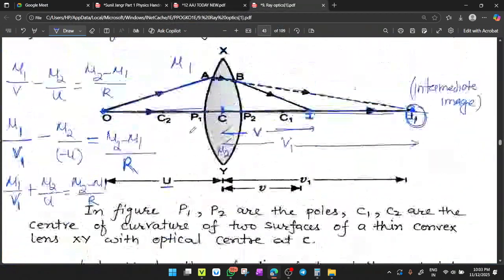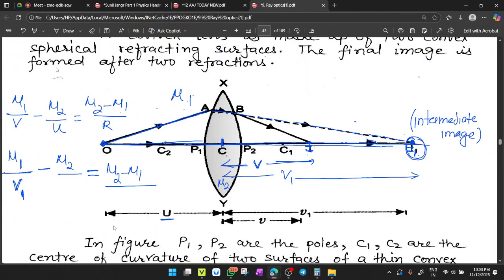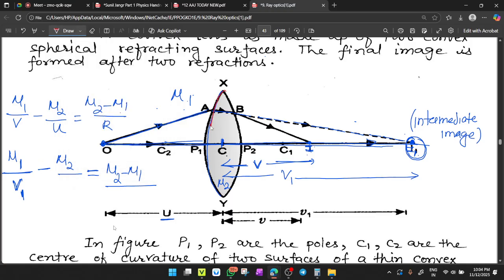Okay, students, see here we are performing the first refraction from this surface, the left surface, the one I colored red.